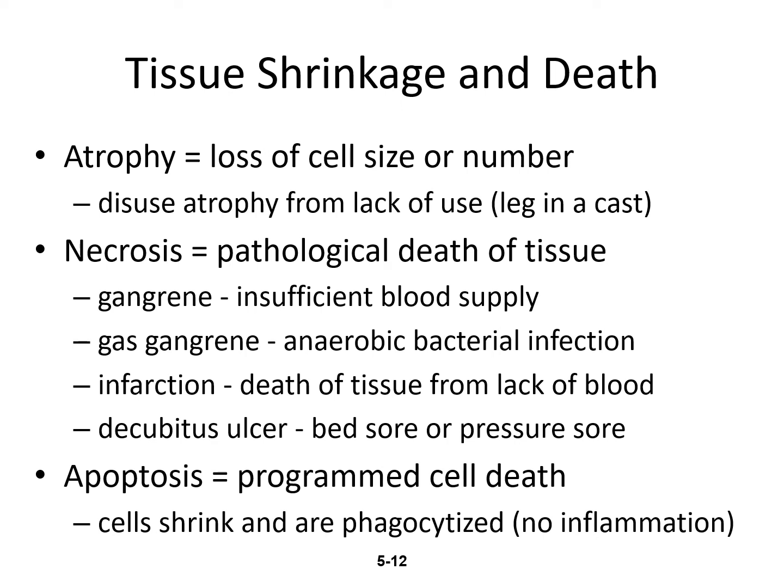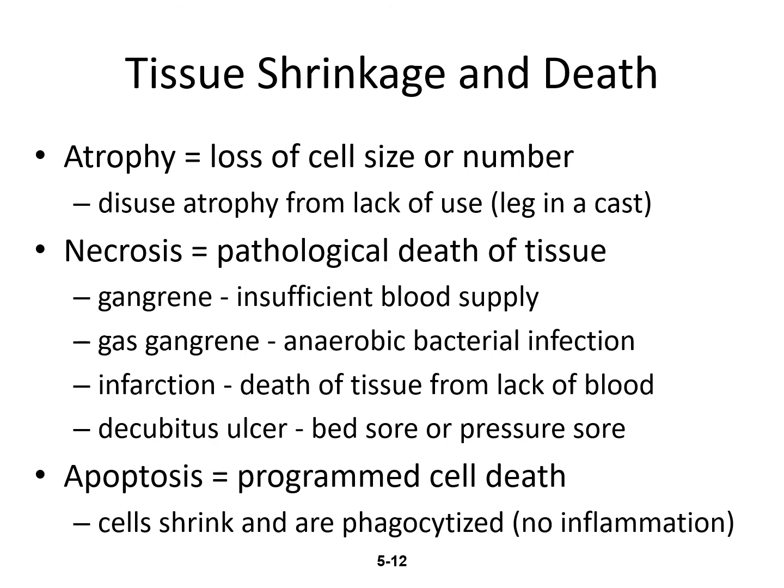Gas gangrene, which occurs when you have anaerobic bacterial infection. So if you have a deep injury, for example, that's contaminated with soil, there's actually a genus of bacterium known as Clostridium, which can get into that wound and cause this gas gangrene.